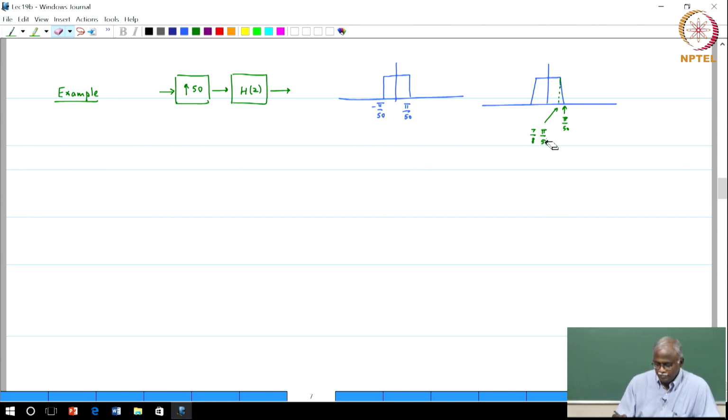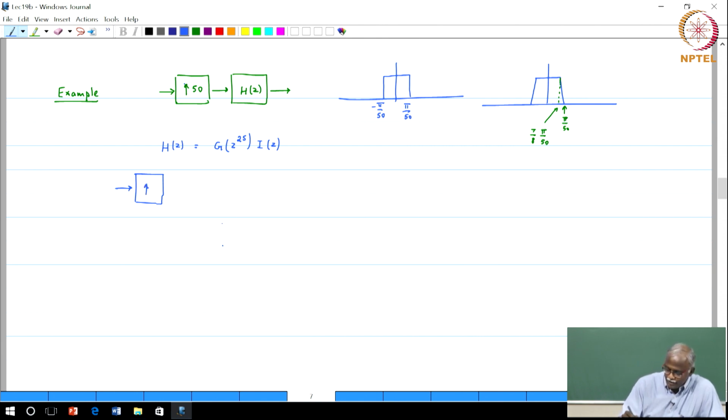On the other hand, if I were to implement the design in the following way, where I say that H of z is G of z to the power 25 times I of z, then the actual implementation will look like moving the upsampling appropriately.